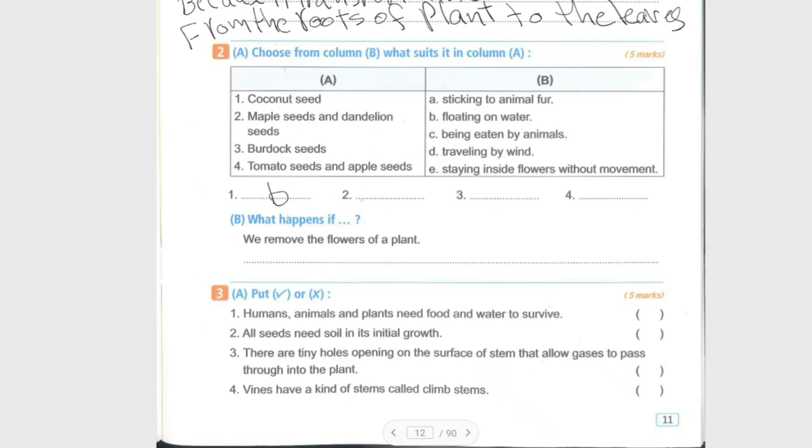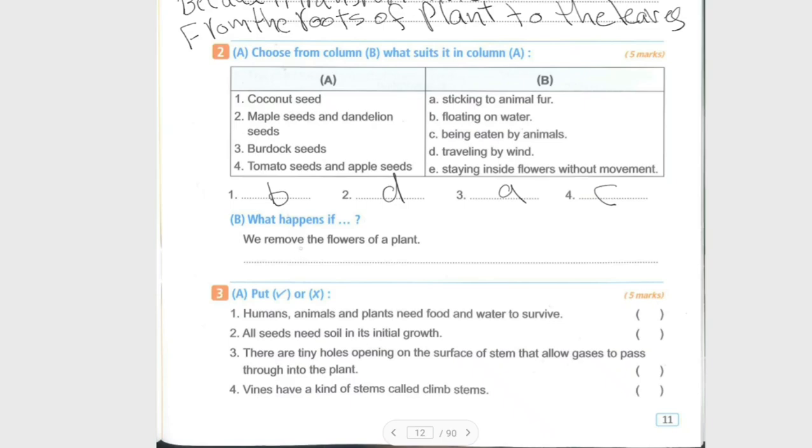Number 2, maple seed and dandelion seeds are traveling by wind. Number 3, burdock seeds are sticking to animal fur. This is answer A. Tomato seed and apple seeds are being eaten by animals. This is answer C.